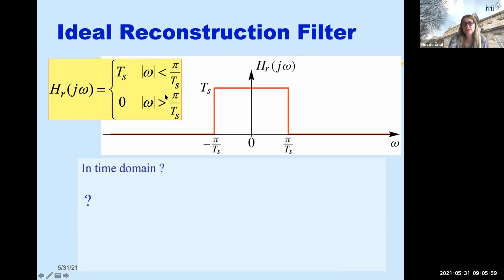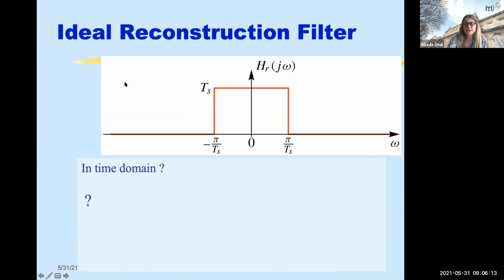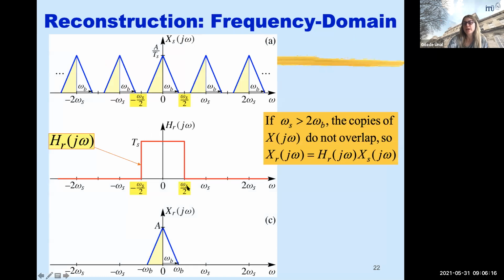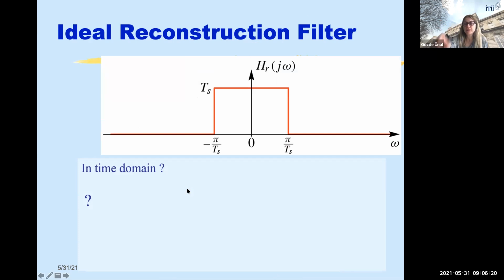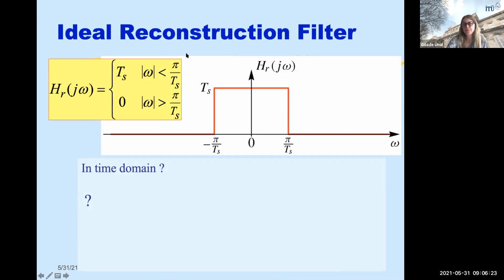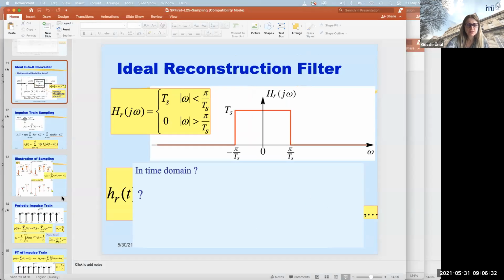Remember, this is the mathematical definition of the filter in the frequency domain, a low-pass filter with amplitude Ts, whenever the frequencies are less than pi over Ts, right? We have Ts. So let's say, why did we have it? Because we have omega s over 2. So that is 2 pi over Ts, but over 2, that's why I have the cutoff frequency at pi over Ts. And this is in time domain. Okay, I should probably get rid of that box.